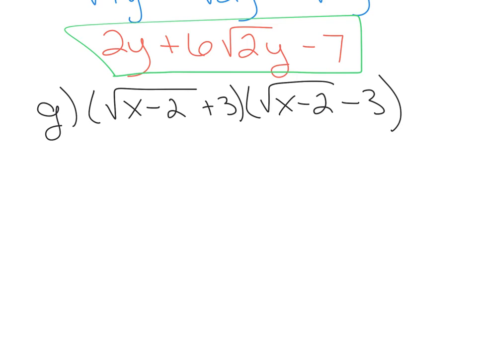When you multiply here times here, the x minus 2 is all under the radical, x minus 2, and this x minus 2. So we need to multiply x minus 2 times x minus 2, and it's all going to be under the radical.